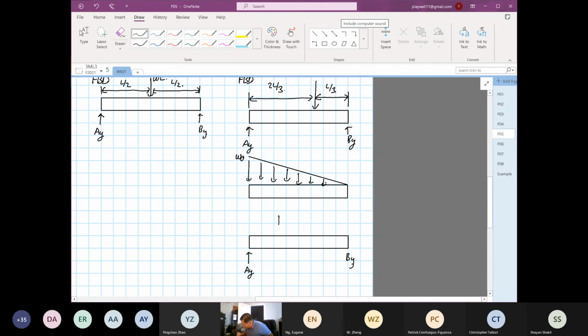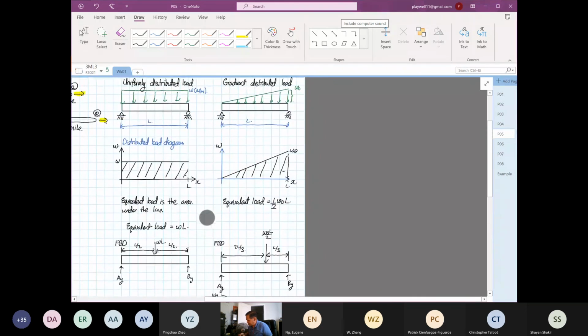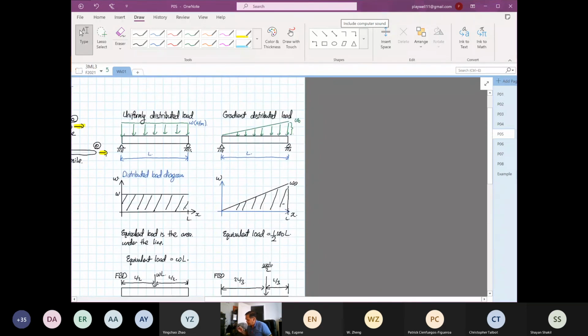Now the load is over this side, so this is half omega naught L. The distance from here to here now is L over 3, and the distance from here to here is 2L over 3.